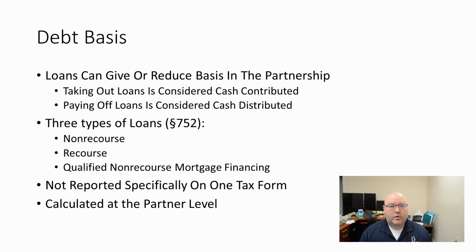So qualified non-recourse mortgage financing. What will happen is that you're going to go out and buy land. You go to the bank and borrow money to buy the land, or buy the building. In our example, I'm going to put $50,000 in, my friend's going to put in $50,000, and then the two of us are going to go to the bank together and borrow another $300,000 to buy this land and start building a building that's going to go onto it.